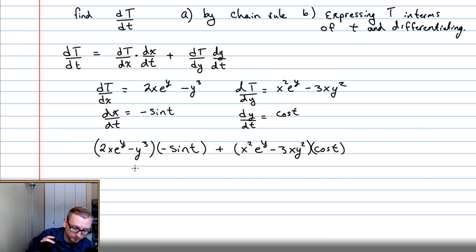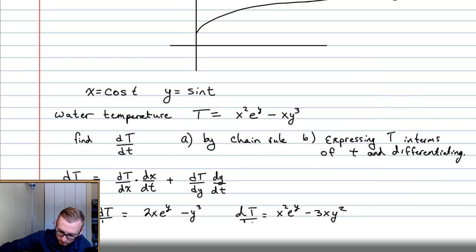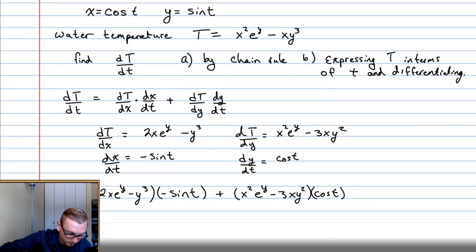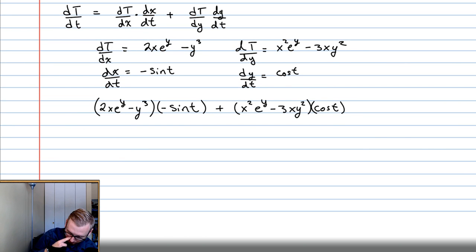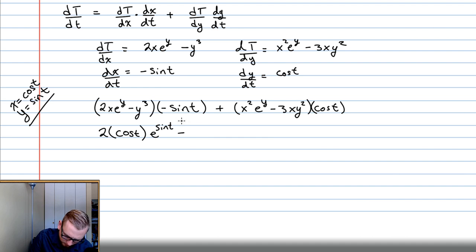Now, don't forget, x is cosine of t and y is sine t, which means we have to replace these values of x and y with respect to their corresponding t. So, we'll write it over here. x is cosine of t and y equals sine of t. Let's plug her in. We've got 2 cosine of t e to the sine t minus, well, what's y cubed?